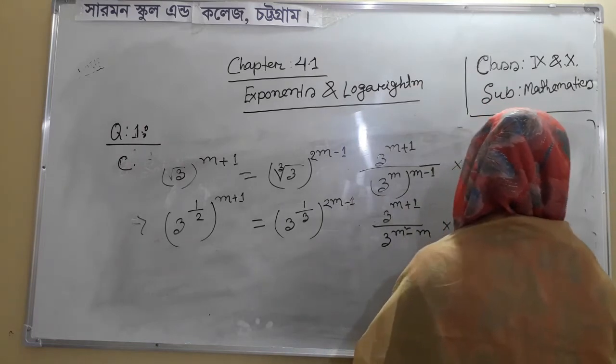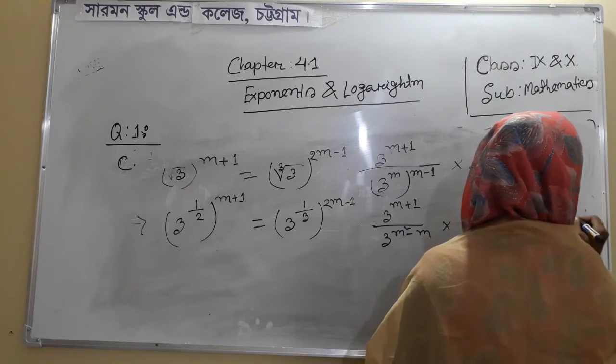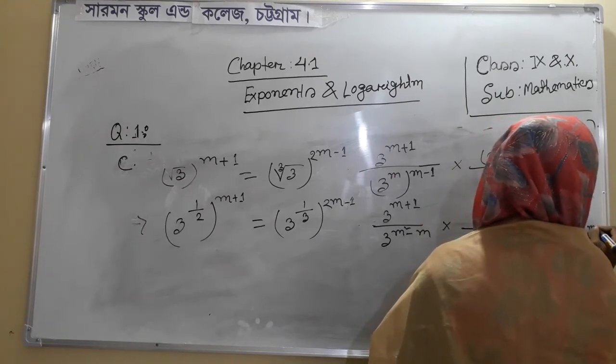Here we apply the formula a to the power m whole to the power n equals a to the power mn.